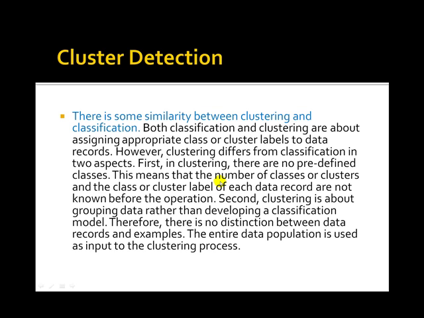There is some similarity between clustering and classification. Remember, in the last video we talked about classification. They're not the same thing. The most important difference is that in clustering, we're not trying to predict anything. We don't have a variable like a class variable that we're trying to predict.